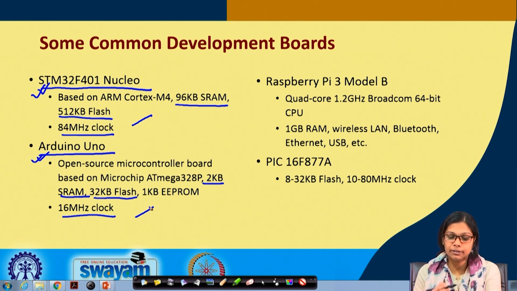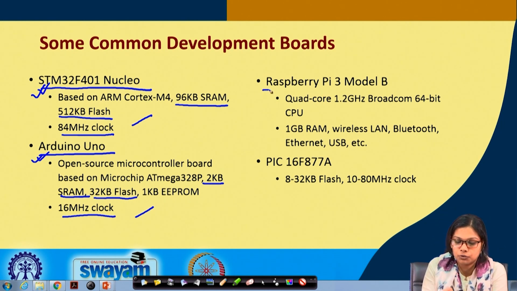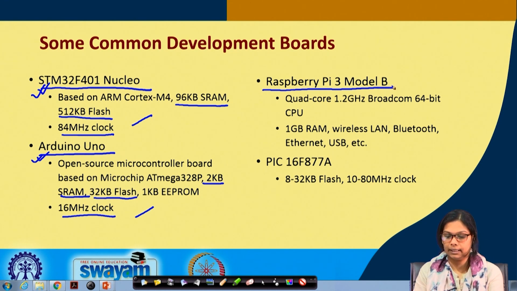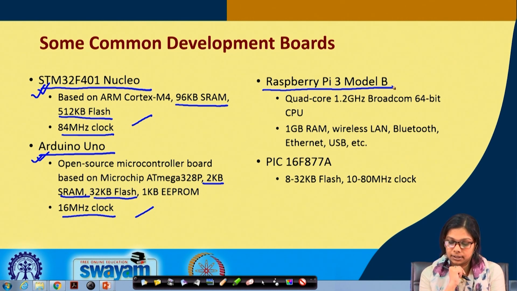Now, there are even more powerful boards, one of which is Raspberry Pi 3 Model B, which consists of a quad-core 1.2 GHz Broadcom 64-bit CPU. Along with that, it has got 1 GB of RAM, wireless LAN, Bluetooth, Ethernet and USB.